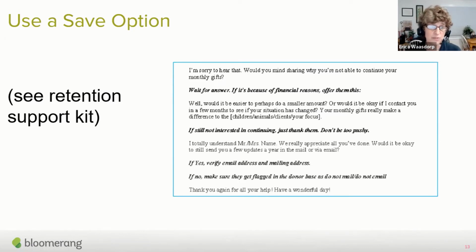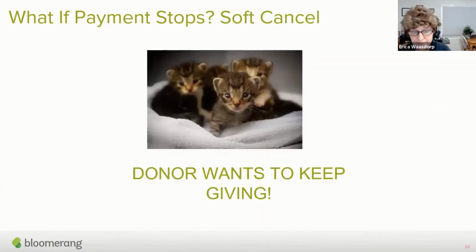So there's a save option in there. And of course, you can customize this to your heart's content, but it just helps you to say, oh, okay, I never even thought about offering that option. But donors want to help. Donors don't want to cancel if they have another option, right? So give them that.